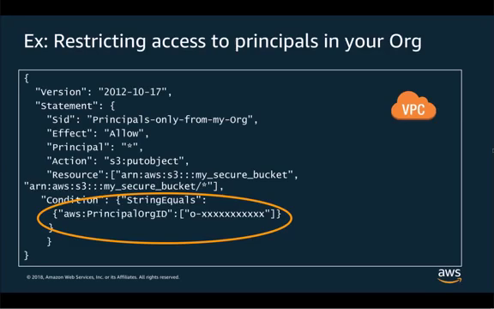Using the condition key aws:PrincipalOrgID in the IAM policy condition, customers can now easily require all principals accessing the AWS resource to be from an account that is associated with their AWS organization. It really simplifies your workflow, because instead of listing all the principals, you allow only if your account or the principal belongs to your org.